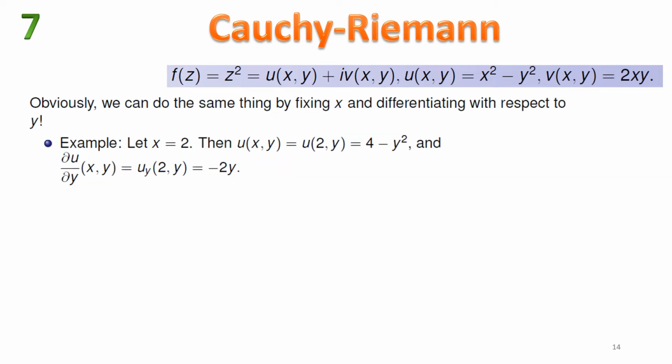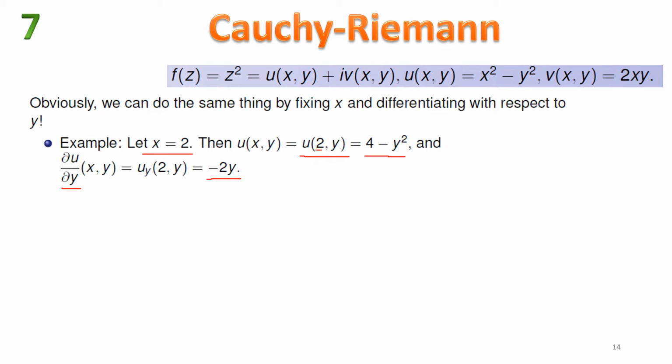Now again, I am trying to substitute x equal to 2, so u of 2,y will be x square minus y square. So x is replaced by 2, 2 square will be 4, so 4 minus y square. So del u by del y is equal to minus 2y. I am taking the derivative of u with respect to y, treating x as constant, and to give you a feel that x is replaced by some constant, I have substituted 2.